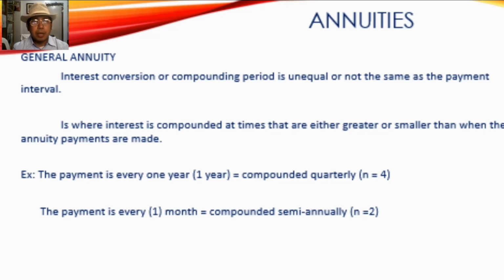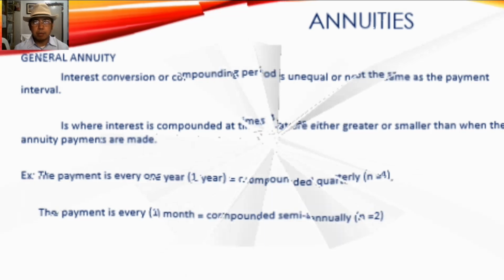It is applied twice in a year. Okay? So there is inequality of the compounding period and the payment interval. So those are the terms that we need to understand in this topic under the annuity.